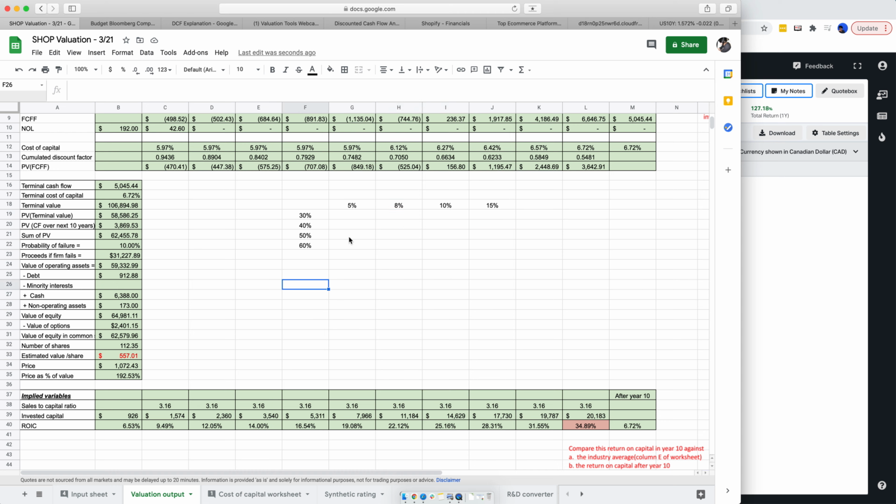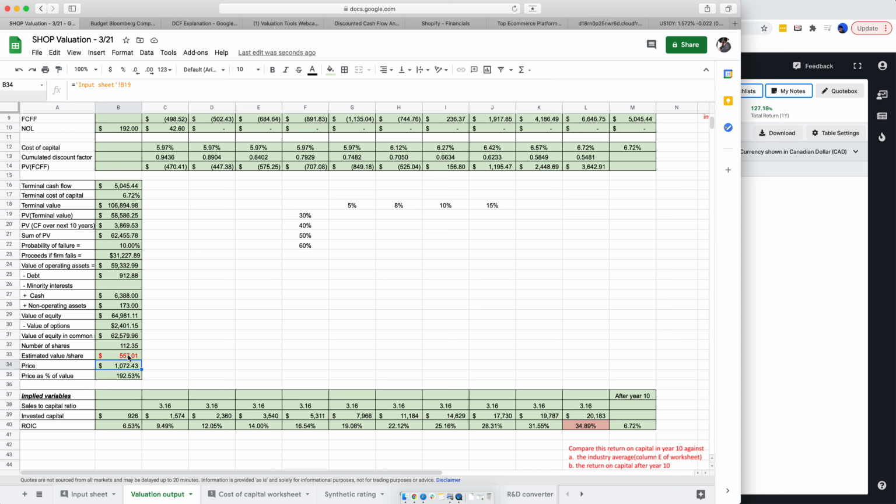And another way you could look at that data is backward: given the current price, you can use this matrix to help you figure out what conditions the market is assuming in order to get this valuation, right?